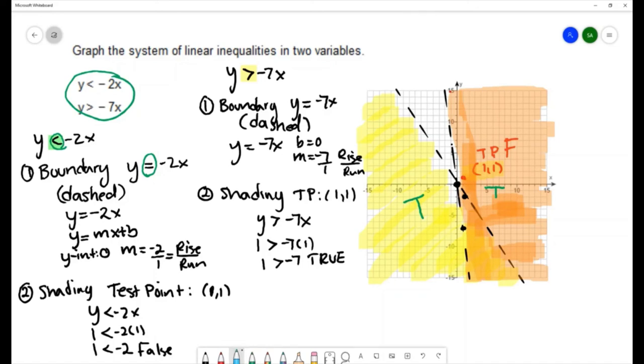And we can see that in this section right here, you have shading from yellow and shading of orange. That is where the two regions overlapped. And we would use these boundaries here to trap that region. The boundaries are not included because they are dashed. So this region here is the only region that would be included as the solution to the system.